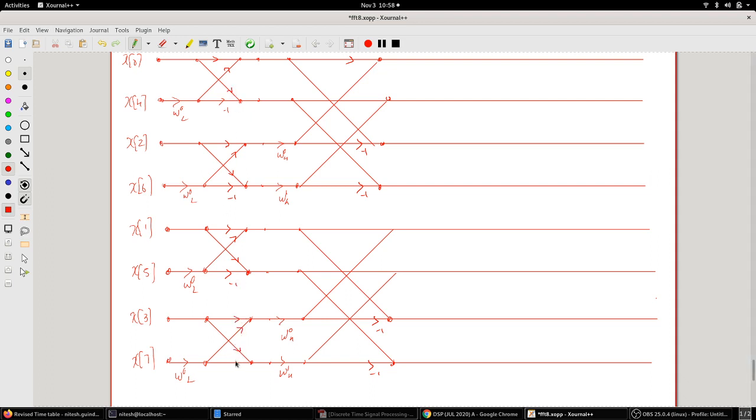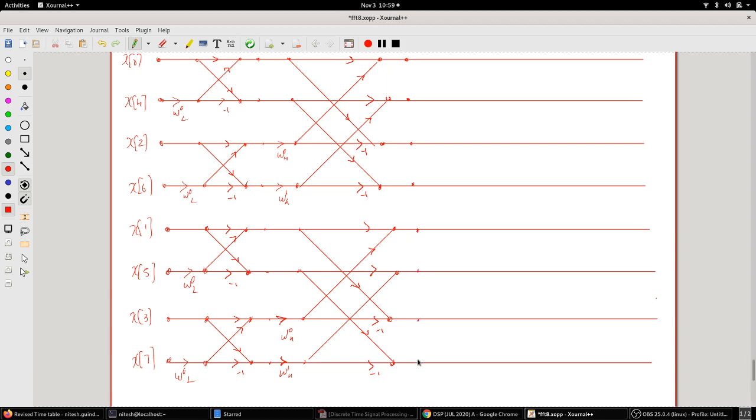Now this arrow, same thing will come here. Okay, so these are your 4 points now. The 4 points have to be now converted into 8 points.